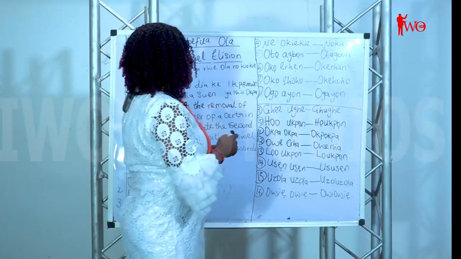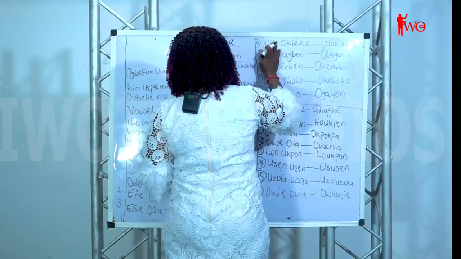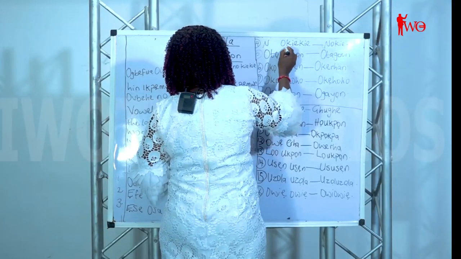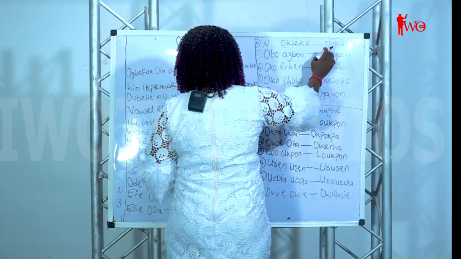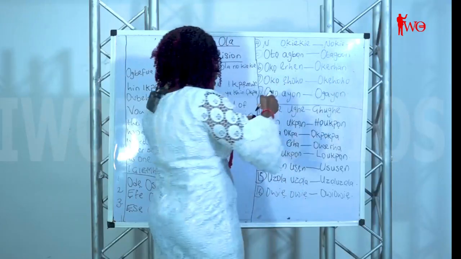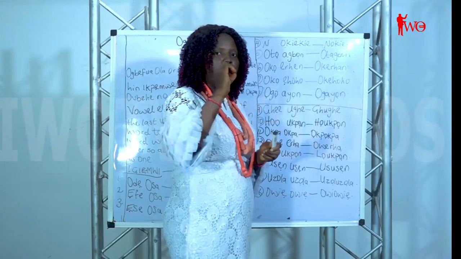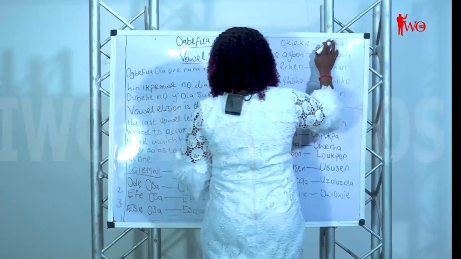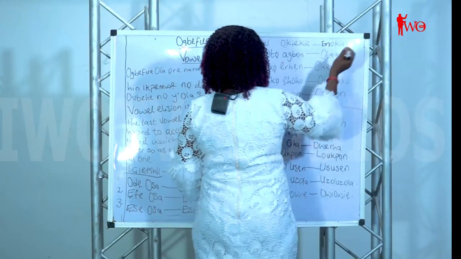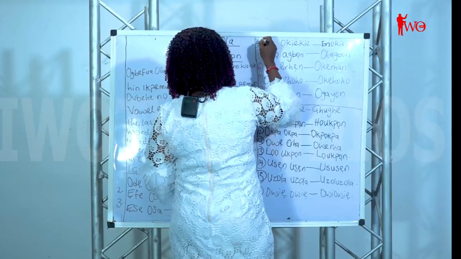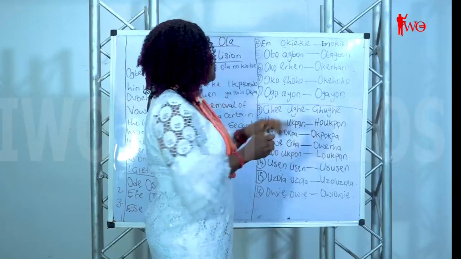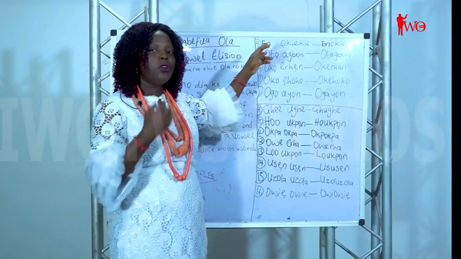So you can see that I have to remove this letter E to accommodate this letter O. That means this word becomes Nokeke, which ordinarily the real or the complete word should be Enokeke. I just did that as an example to let you know that most nouns must begin with a vowel letter.